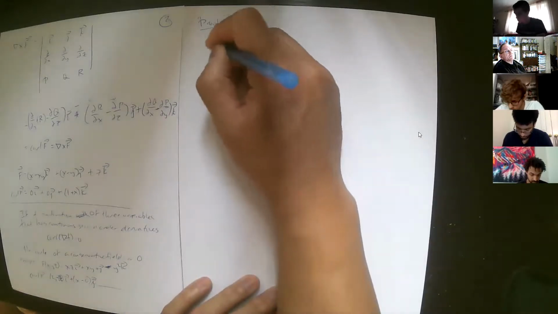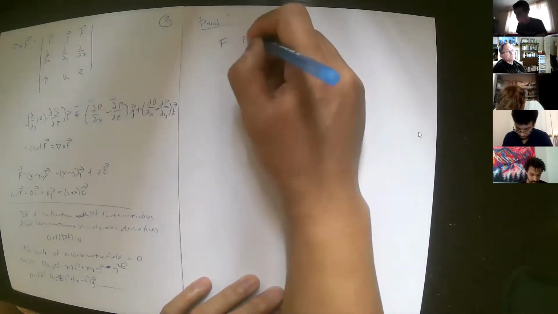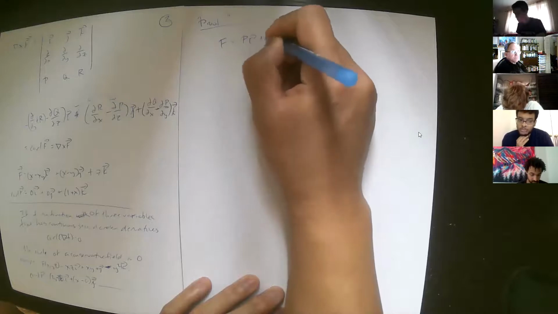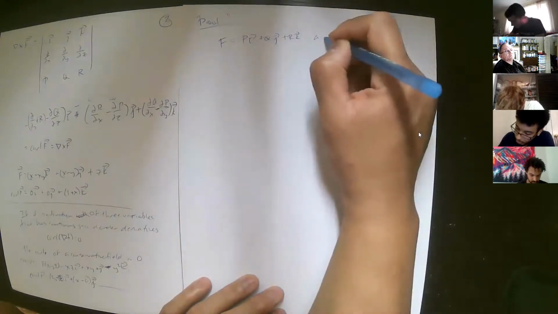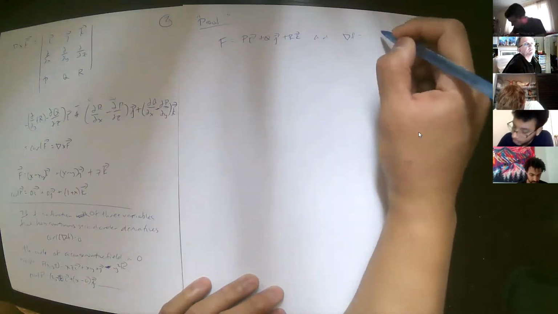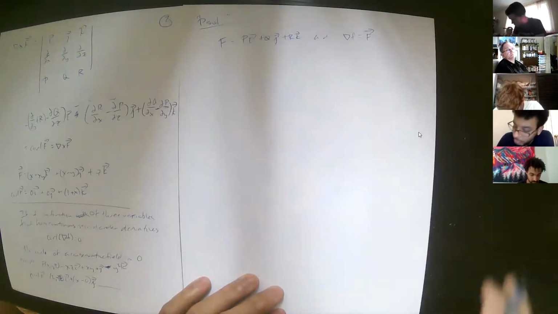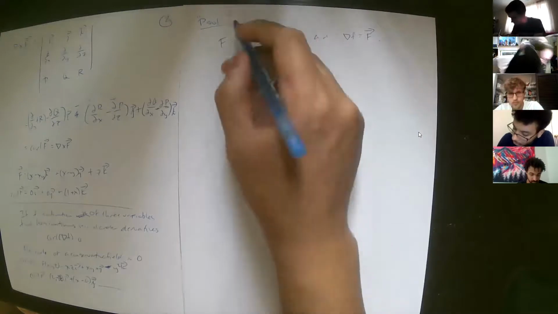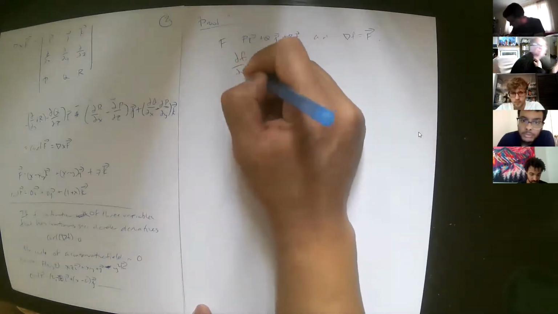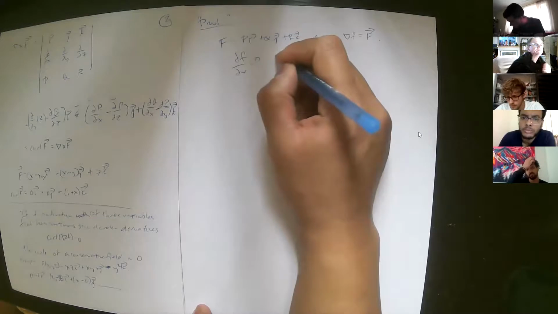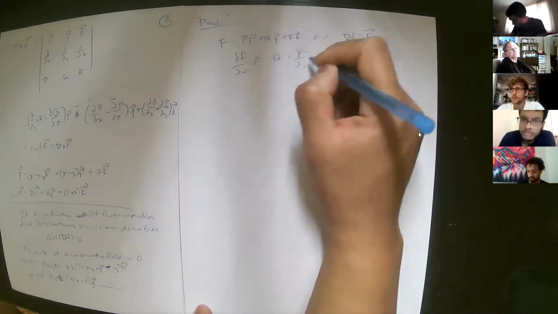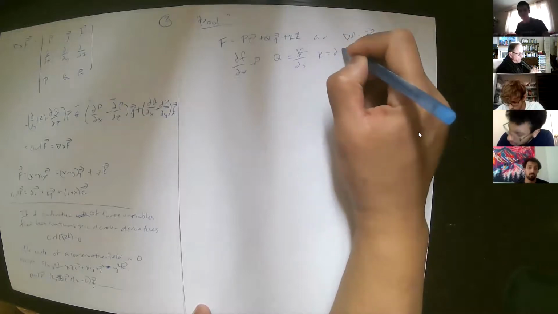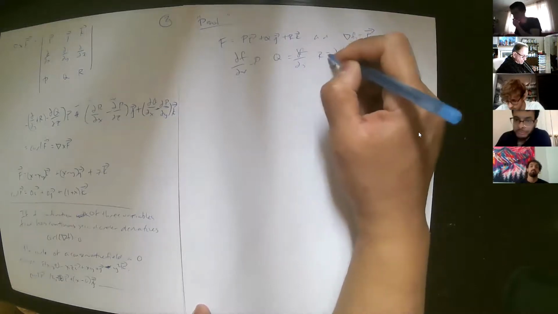So if F is equal to PQR and gradient of f is equal to F, what is P? P is then the derivative of f with respect to x. Q is the derivative of f with respect to y, and R is the derivative of f with respect to z. Right?